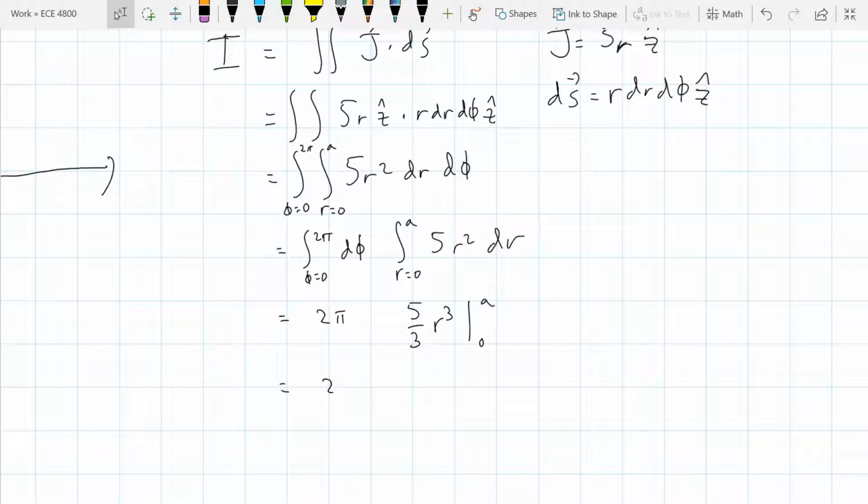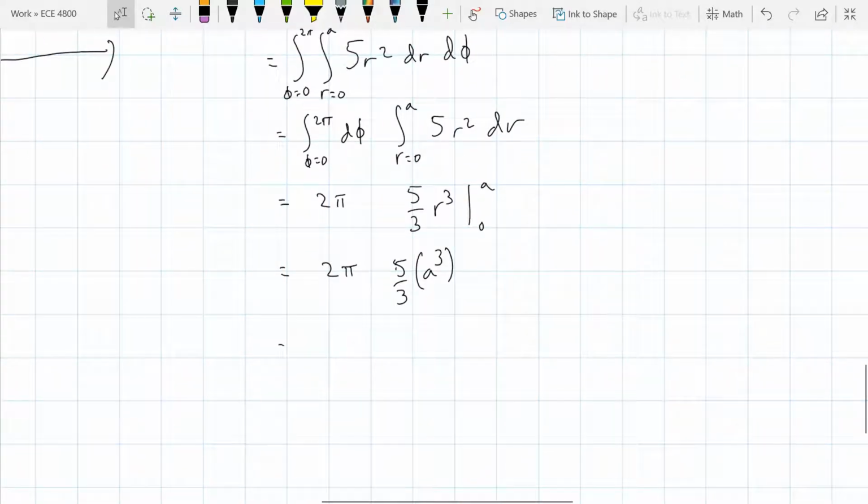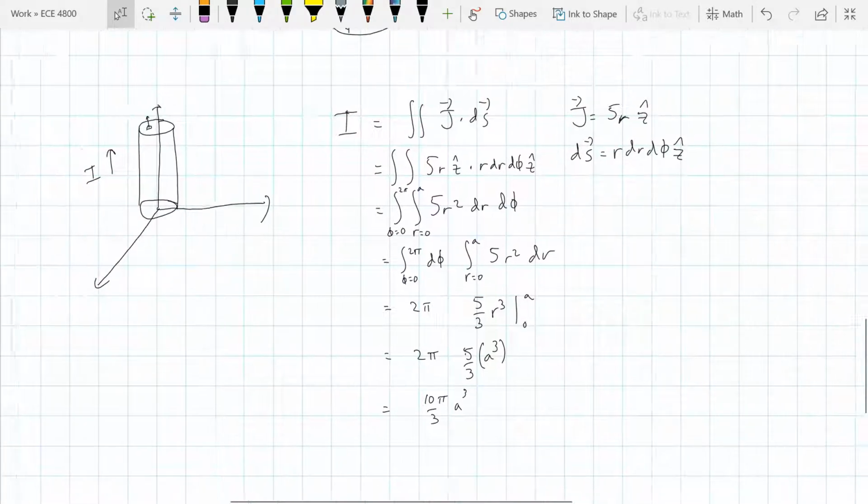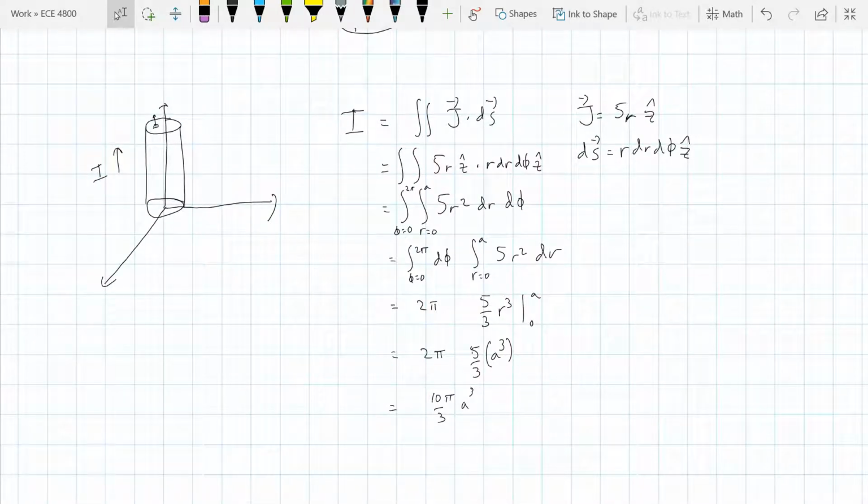And so you end up with 2 pi times 5 over 3 a cubed. Let me know if I make a mathematical mistake here. 10 pi over 3 a cubed. So that is the total current.